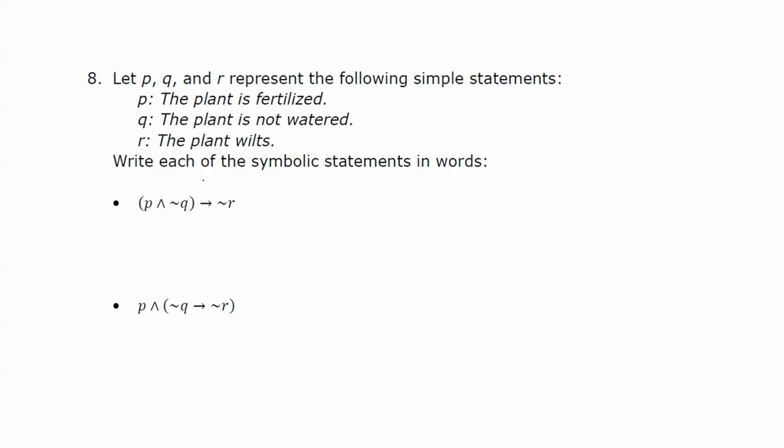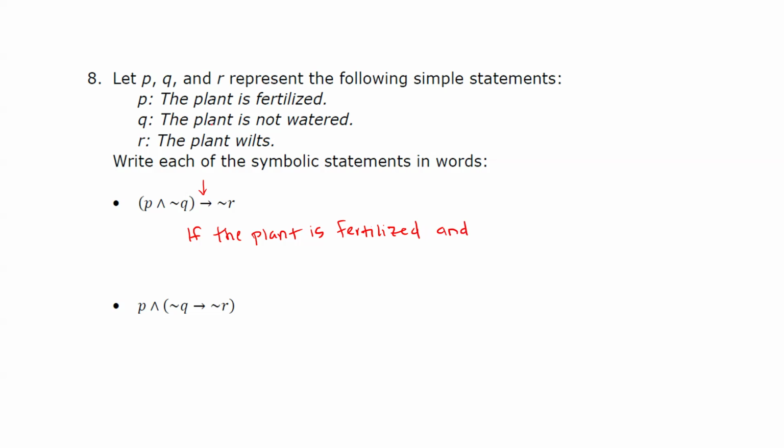All right, so our connective here is a conditional, meaning if then. So we'll start our grouping off with if P, and P is the plant is fertilized. So if the plant is fertilized and not Q. So Q is the plant is not watered.